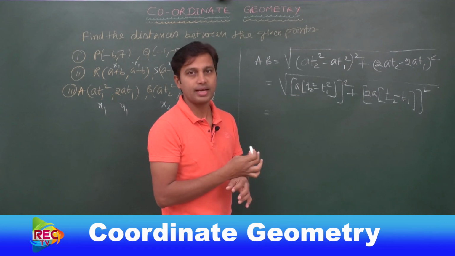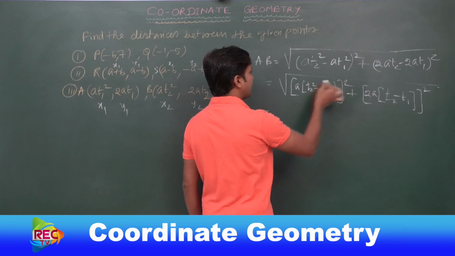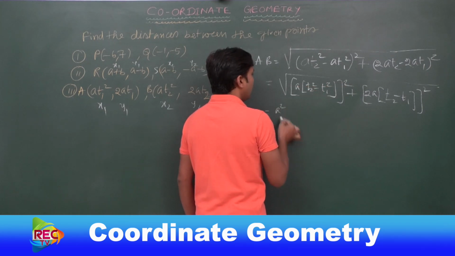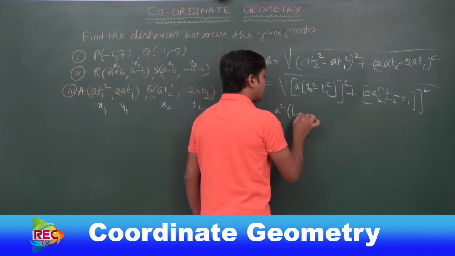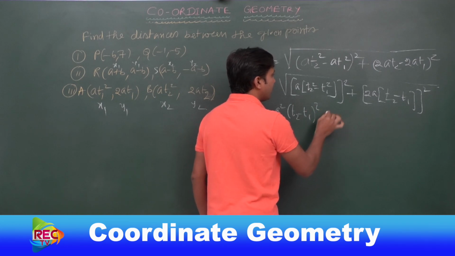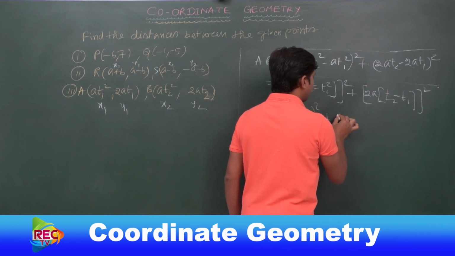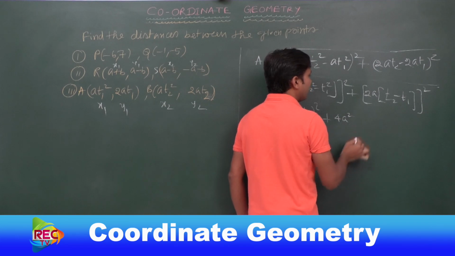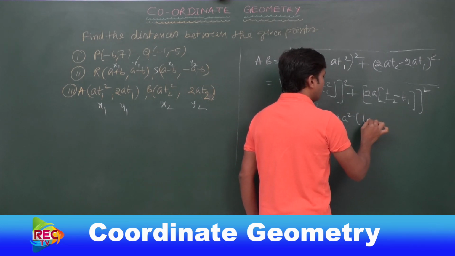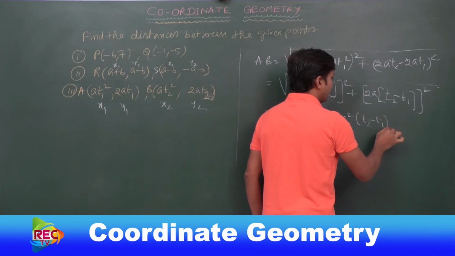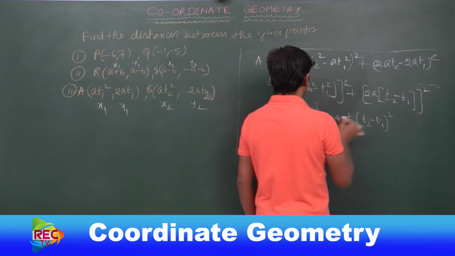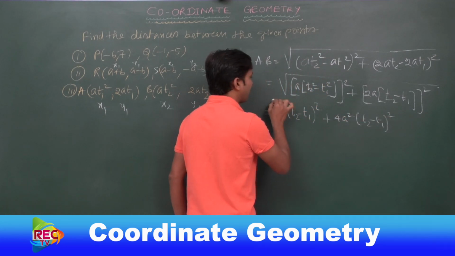That principle we can apply here. So now a square into t2 minus t1 whole square. Now 2a square, that means 4a square into t2 minus t1 whole square. Now this is somehow simplified.